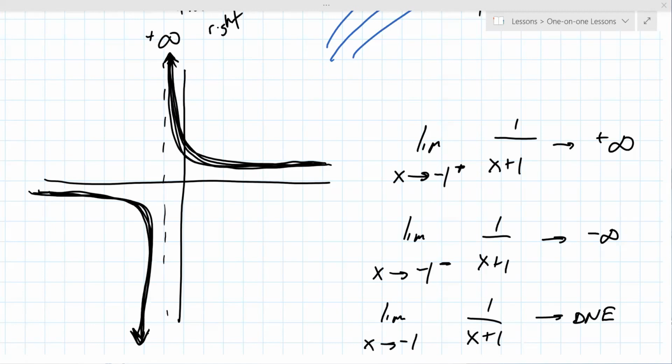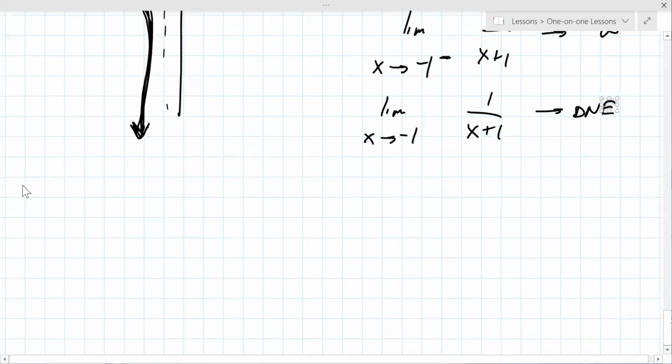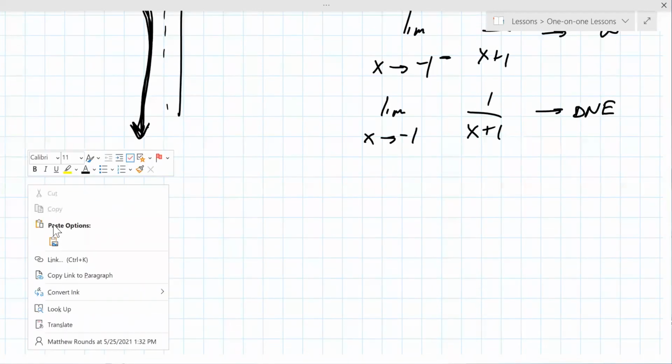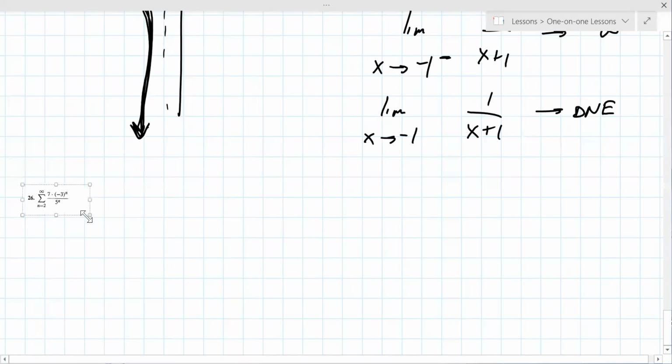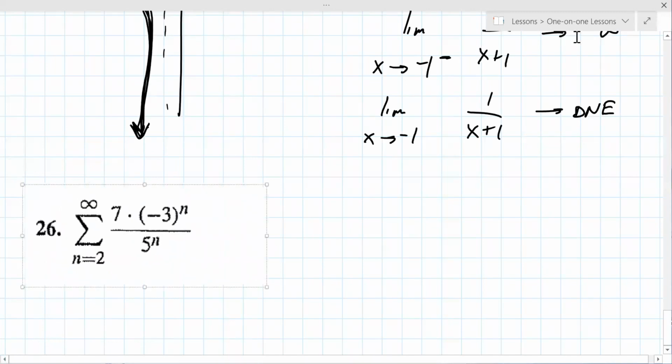Okay, so we left off on 24. Can I go to 26? Yeah. All right, so the first thing we talked about is that you have to rewrite this.